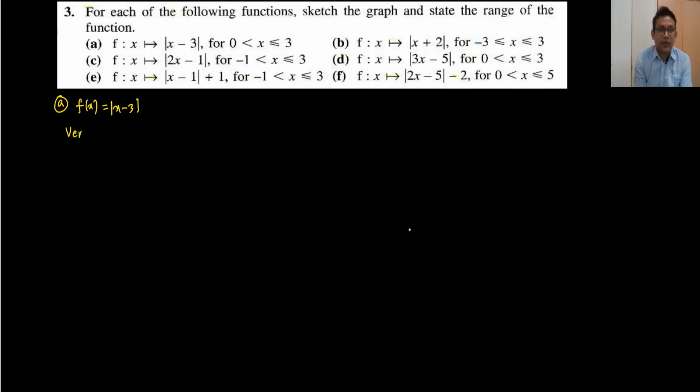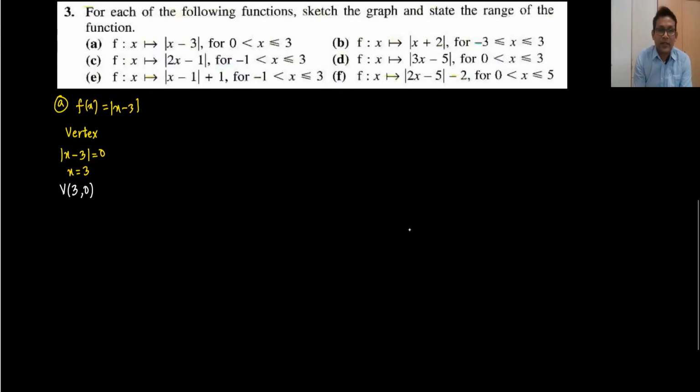Vertex means we have to make the modulus equal to 0. x minus 3 equals 0. Only x minus 3, not the whole equation. So x is equal to 3. This 3 should be substituted here. 3 minus 3 is 0. So the vertex is coming 3, 0.